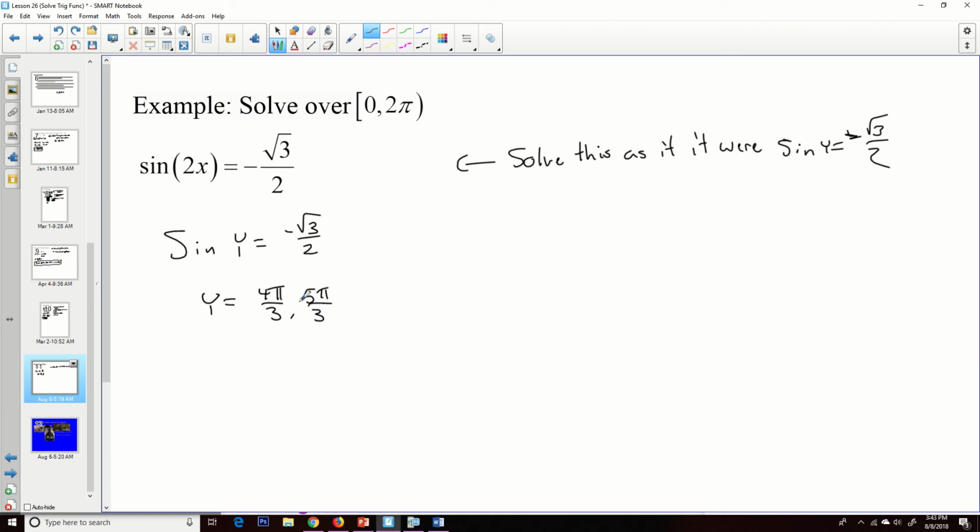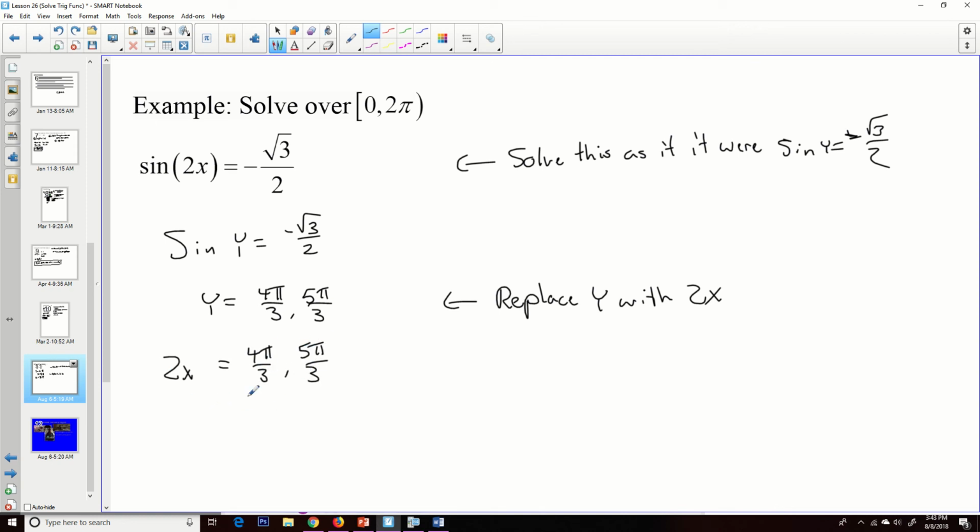Now, if it were just y, that'd be it, because the next one would be all the way around the circle and we'd be outside the interval 0 to 2 pi. But this isn't what we really have. We have actually 2x. So replace y with 2x. Okay, so I've got 2x equals 4 pi over 3, 5 pi over 3.